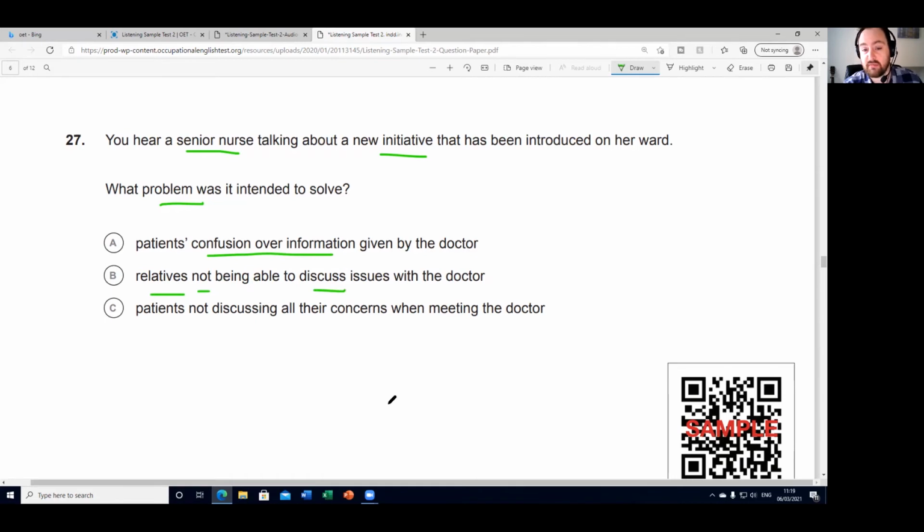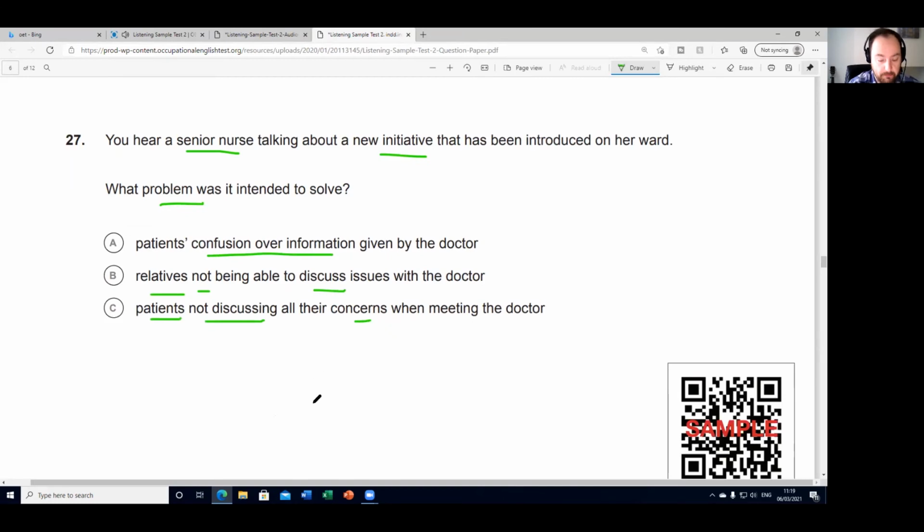I think those things are important. And you see here, we're underlining a lot more things to give us the key message. That again suggests to us that this is going to be a gist question. And C is patients not discussing all their concerns when meeting the doctor. So patients not discussing concerns, okay, when meeting the doctor. So let's have a listen to this and see if we can get the correct answer.